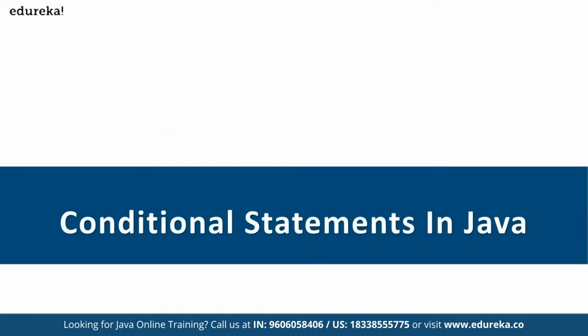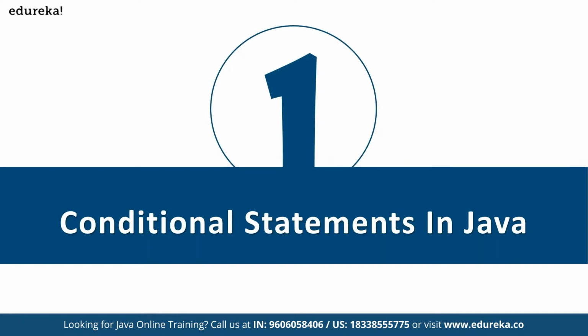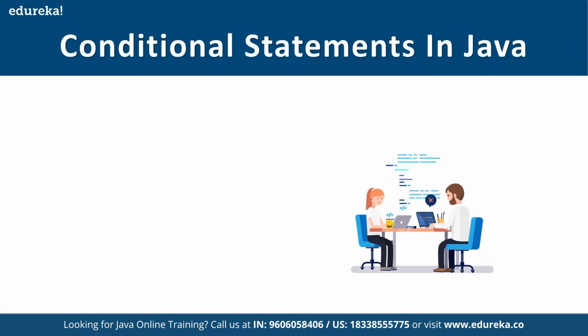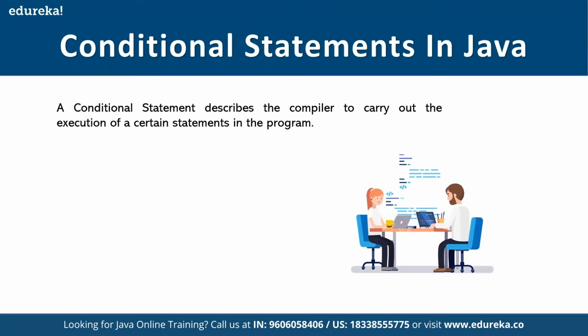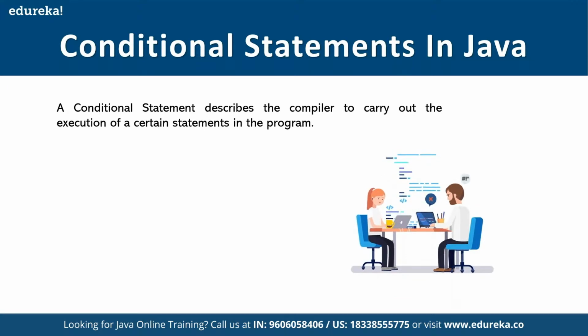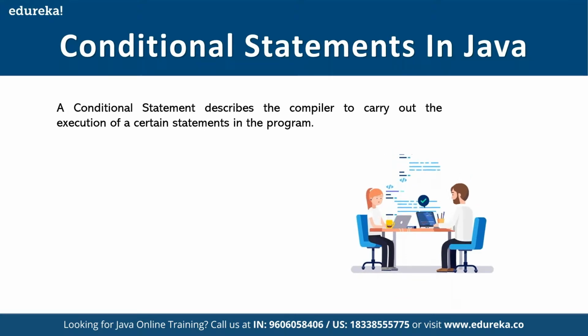Let's get started by working on conditional statements in Java. When we say conditional statements, a conditional statement is a statement which instructs the compiler to carry out the execution of a certain statement in a program on the basis of the outcome of the condition.